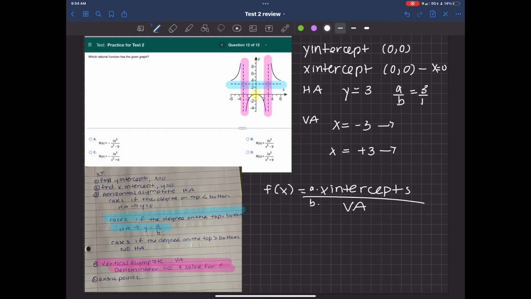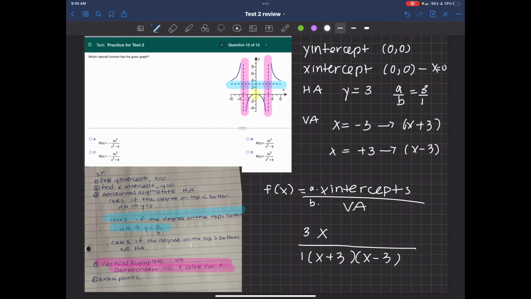So I get x divided by my vertical asymptotes, which are x equals -3, so that becomes x plus 3. And then where x equals +3 becomes x minus 3. So x plus 3, x minus 3. And then I also need my A and my B. I go back to my horizontal asymptote for that. So I have 3 over 1.